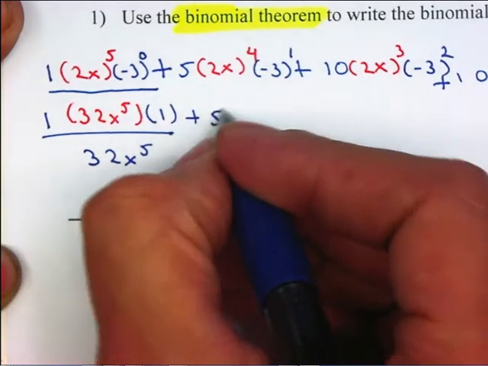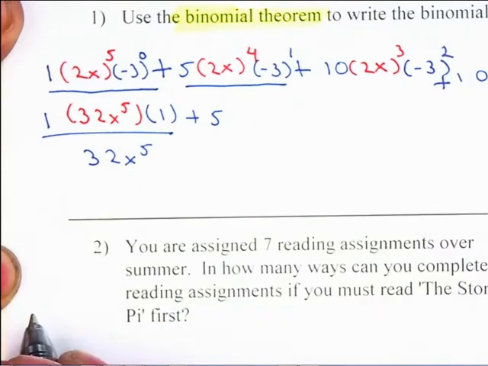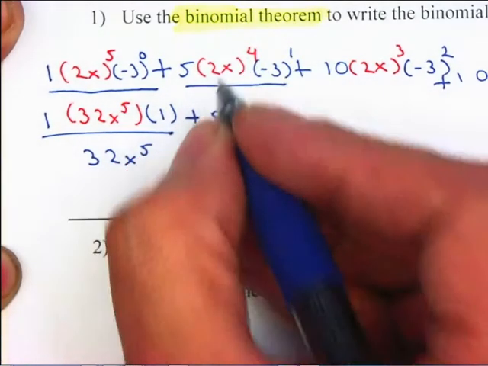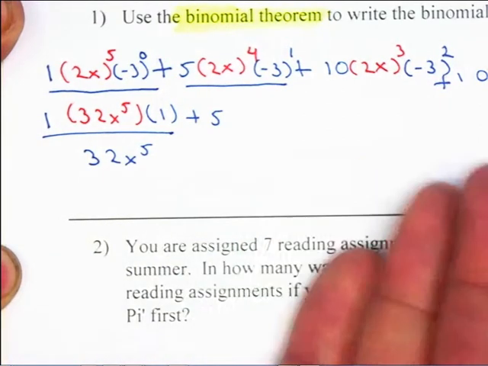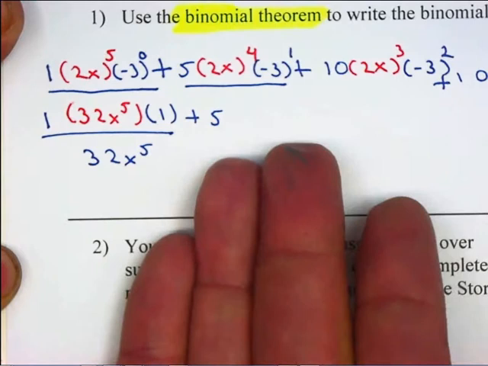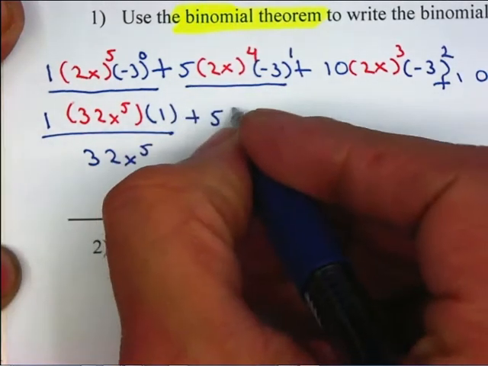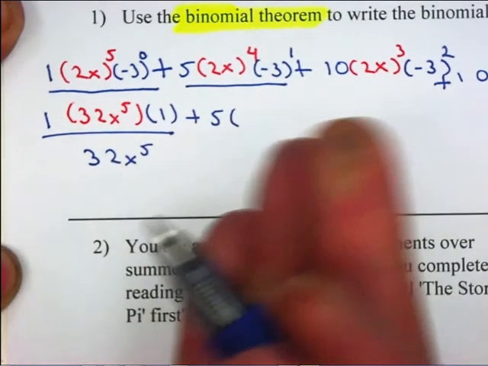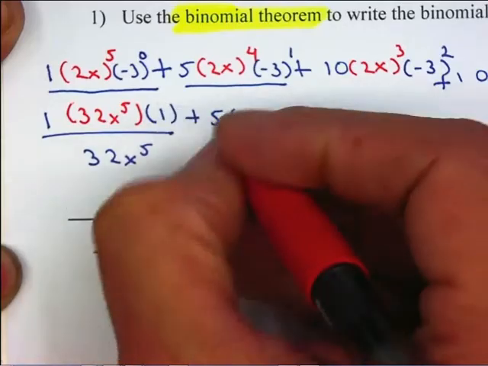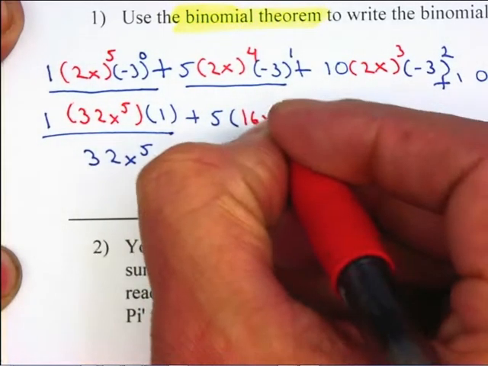Let's bring down the 5. We're going to simplify the next term. 2x to the fourth power will be 2x times 2x times 2x times 2x. That'll be 2, 4, 8, 16. That will give me 16x to the fourth power.